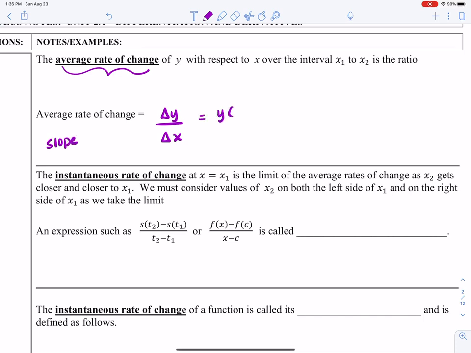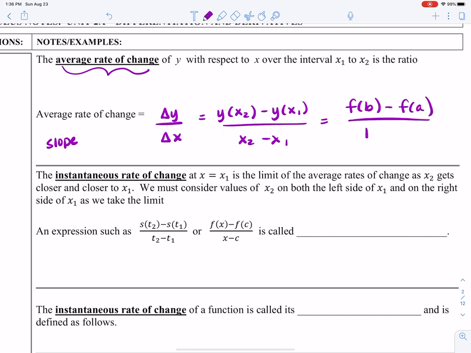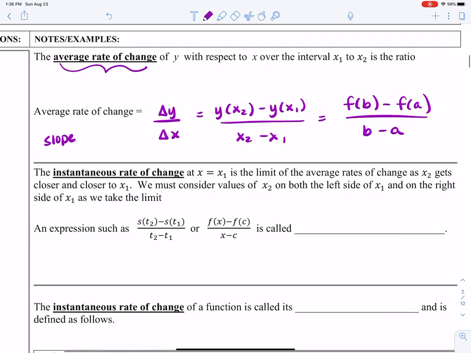Or y of x sub 2 minus y of x sub 1 over x2 minus x1. Or as you lovingly learned in Algebra 1, f of b minus f of a over b minus a. Guys, that's just a difference quotient of slope. This is average rate of change, okay?